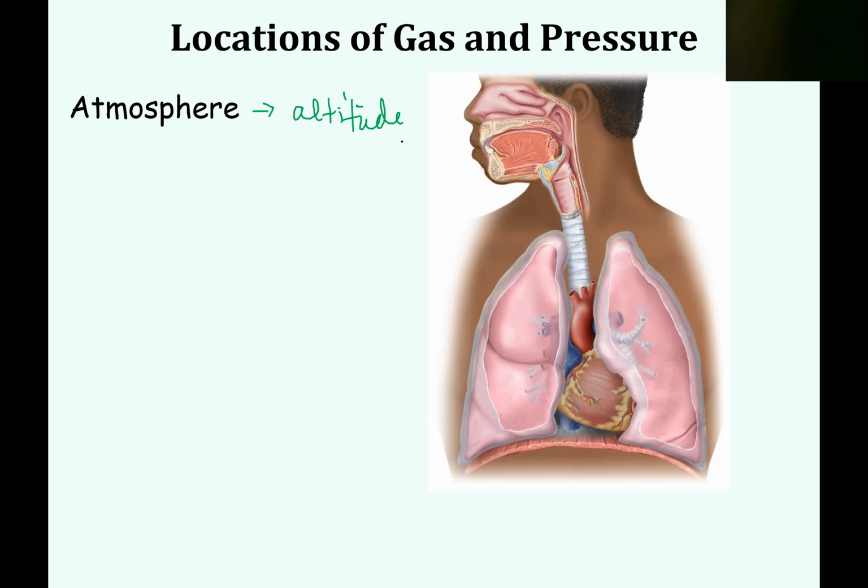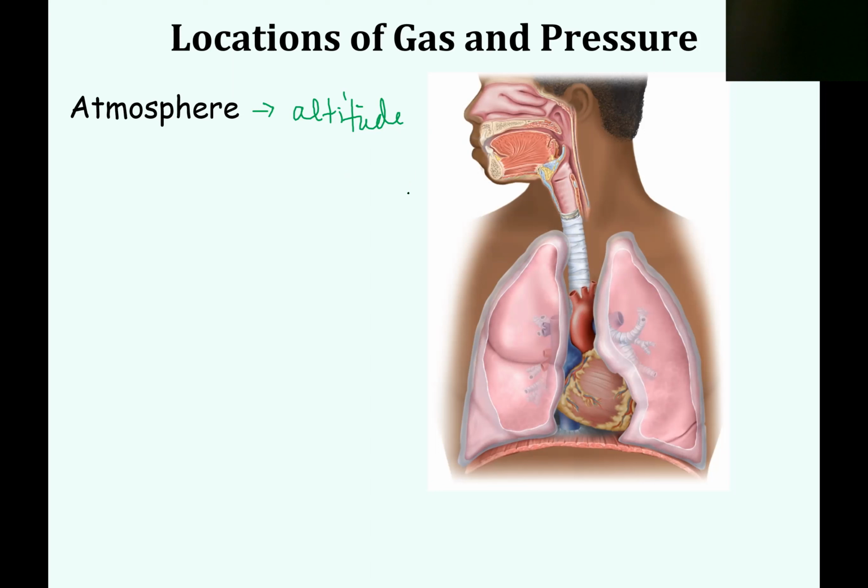Another attribute, altitude. When we go up in airplanes, 30,000 feet away from the surface of the planet, we have to have pressurized air cabins because we're not used to the lack of pressure at 30,000 feet.